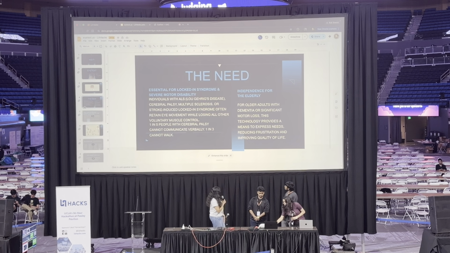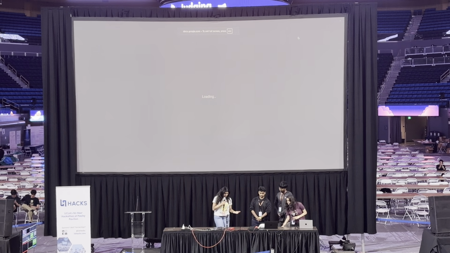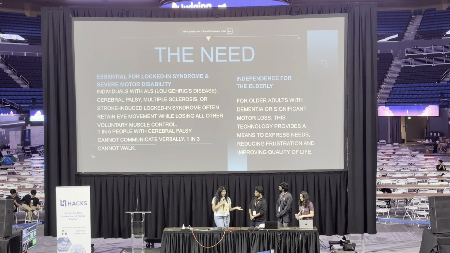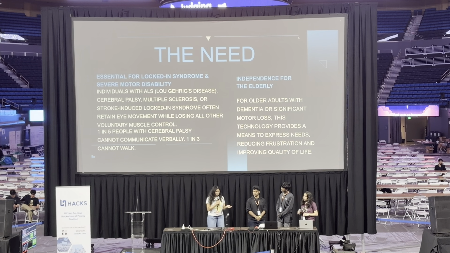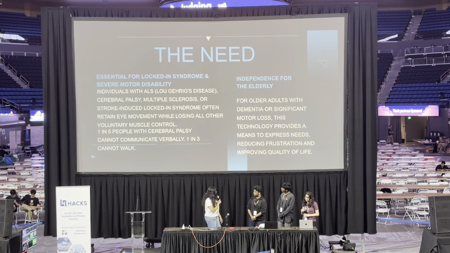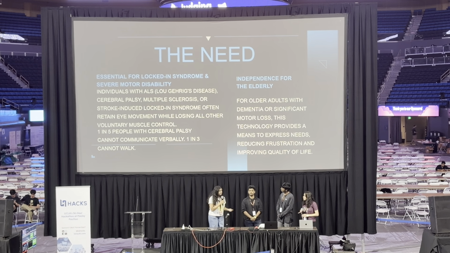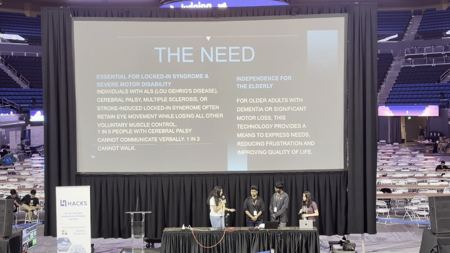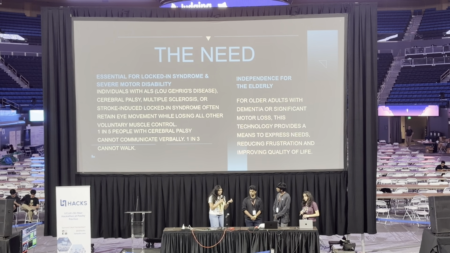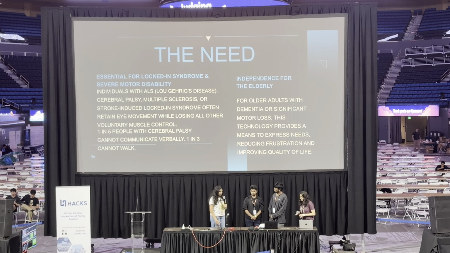It's also really helpful for people once they cross the age of 55, because there's a 42% chance for most Americans of developing dementia, and it's really helpful for people with that because you start to lose your mobility, and the one thing you can rely on is rapid eye movement. So I think this is more consistent as a form of communication in such conditions.